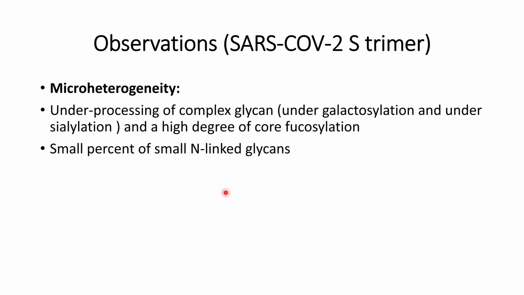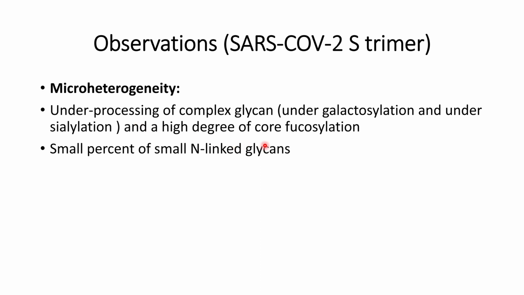In this they identified that the complex glycans of the SARS-CoV-2 spike protein are under-processed, particularly under-galactosylated. The galactosylation and sialylation are lower than what has been observed in normal human cells.